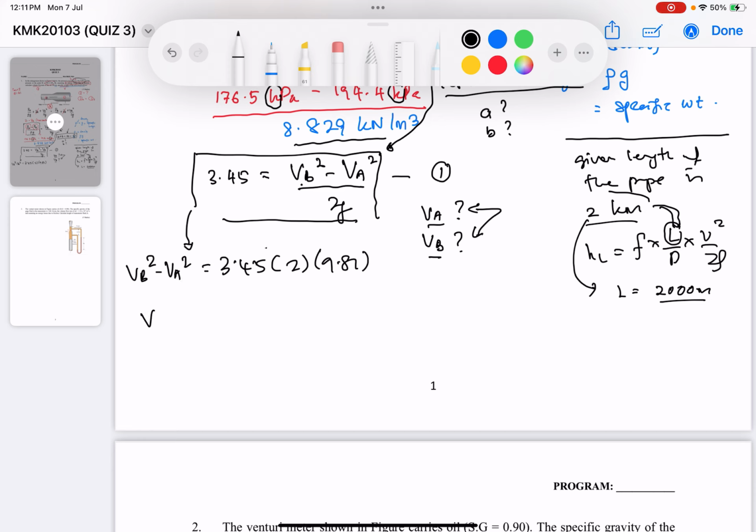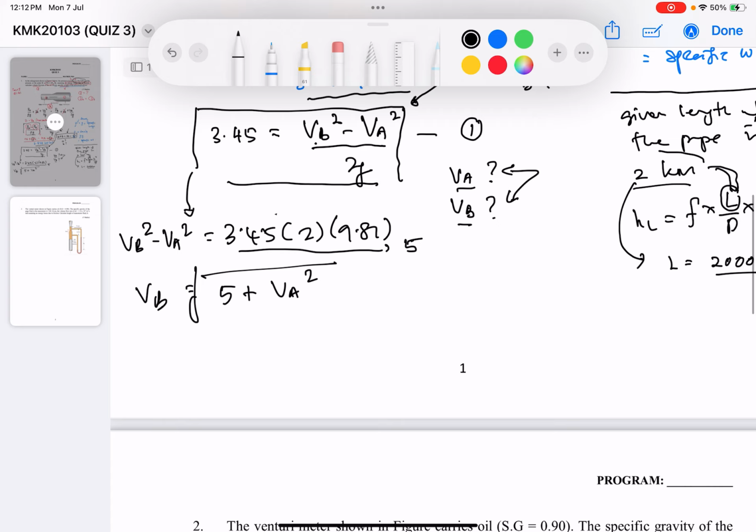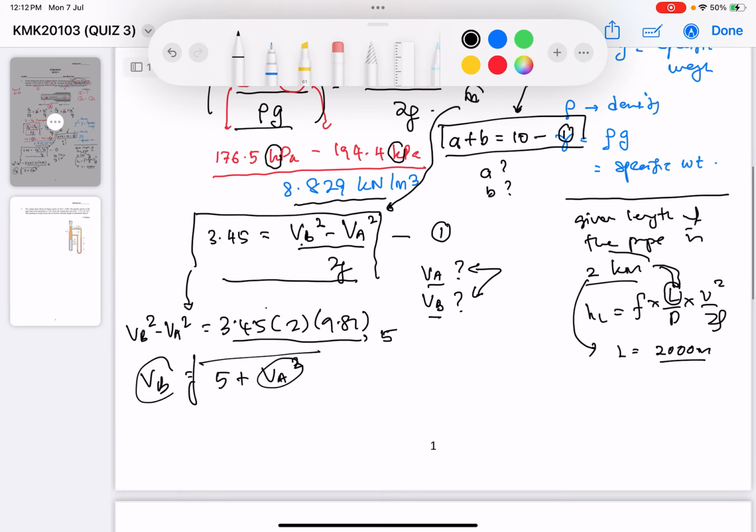And then they say VB equals, let's say this value, 5 plus VA power of 2, and then square root. You still cannot solve it because you have two unknowns but only one equation. Therefore you require another equation.